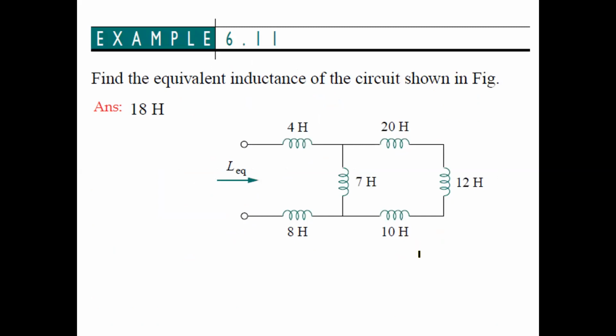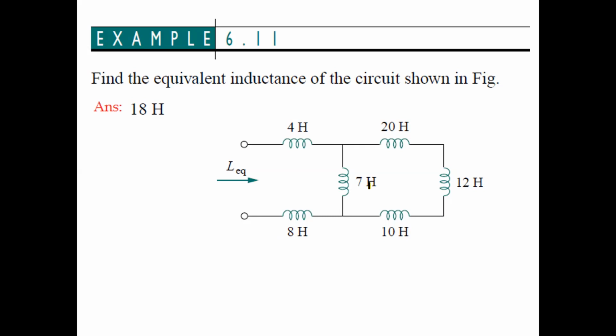So finding the equivalent is very easy. 12 plus 10 plus 12 plus 20, that is 42. 2 in parallel with 7. Then the result of 7 in parallel with 44 will be added to 4 and 8.